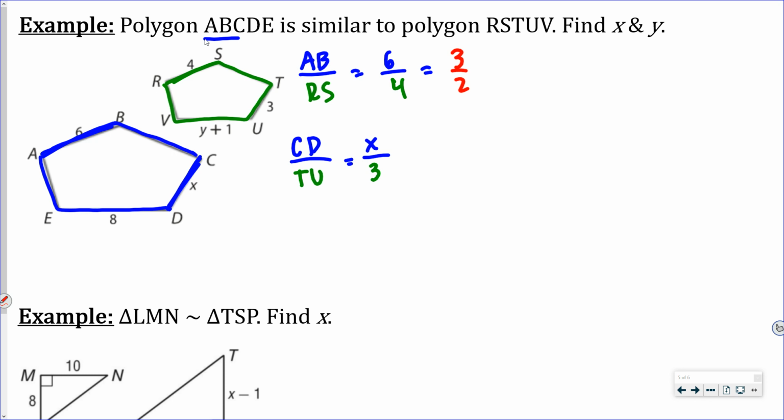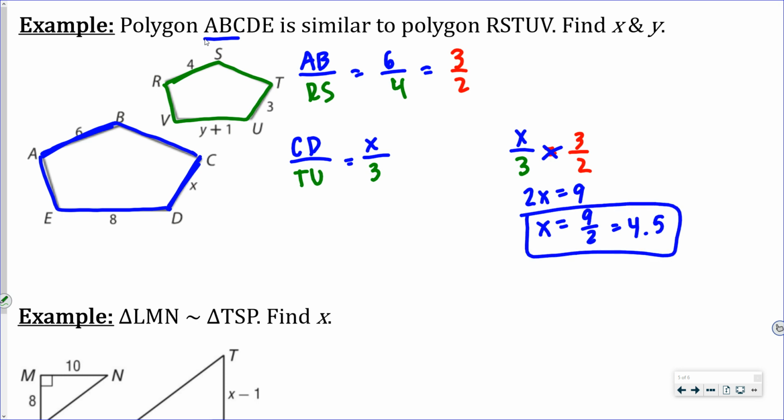Since this is similar, all the side lengths are going to have a scale factor of 3/2. So we can set up a proportion, where this ratio is proportional to the scale factor. And then you could solve for X. You could call that 9/2, or you could call it 4.5. I'm okay with either. Technically, when I'm talking about lengths, I like decimals, 4.5.